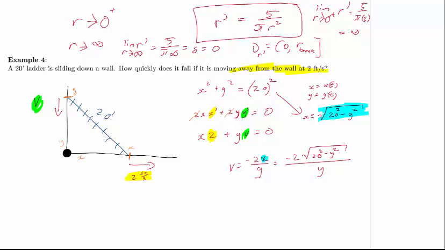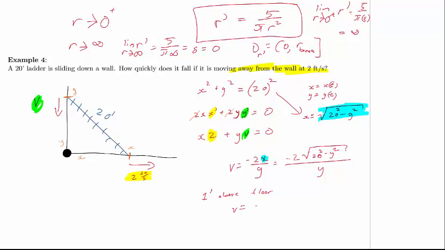So, for instance, are we dealing with feet? When the ladder is 1 foot above the floor, because keep in mind that we're measuring from the origin up. When we are 1 foot above the floor, if you plug that in, how fast is it going?